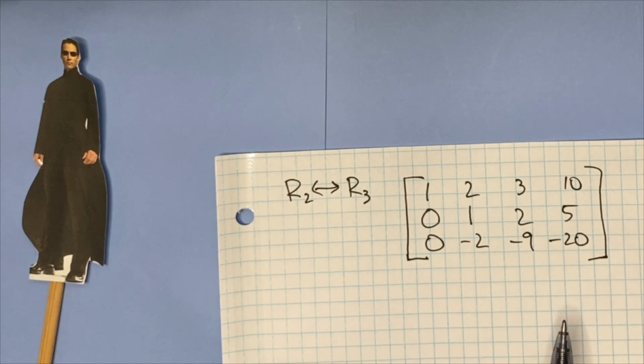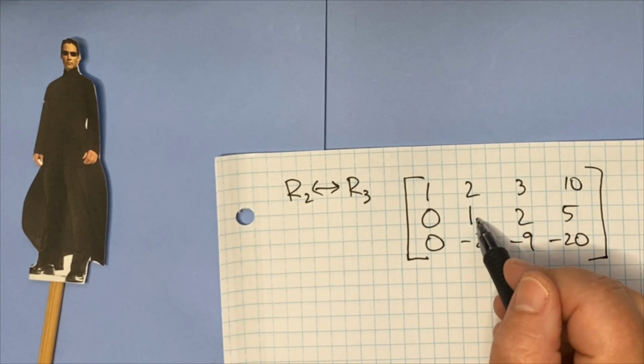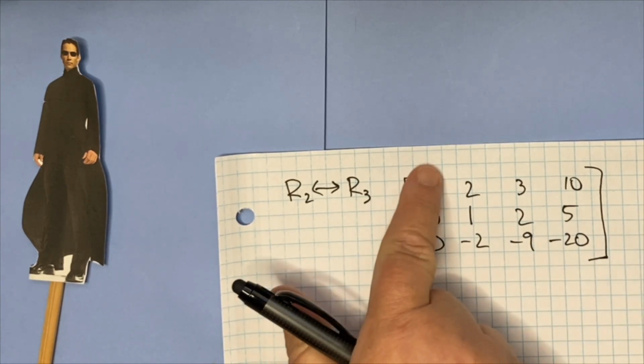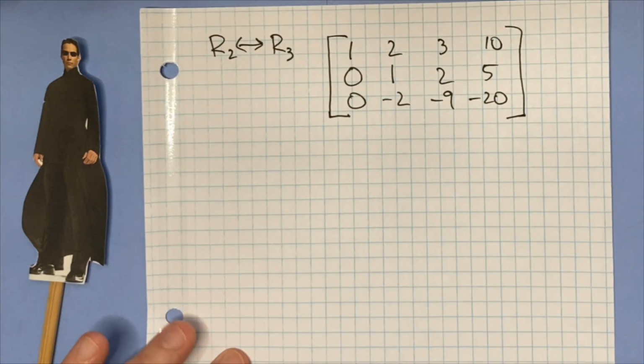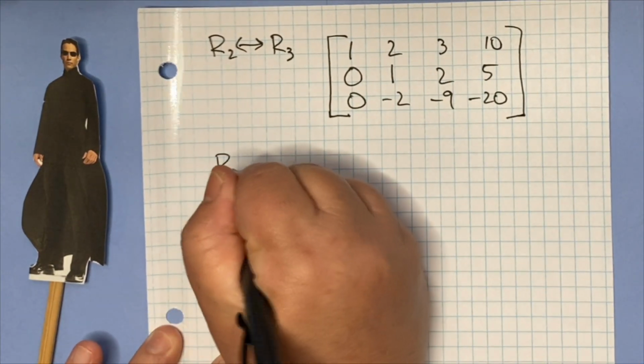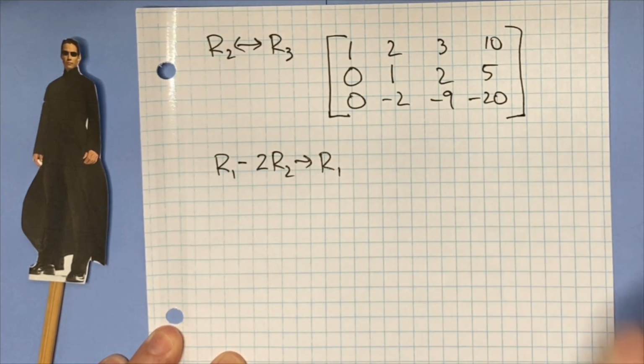Okay. So far, so good. I've got my 1. I've got my zeros. I've got my 1. I need to make that a 0. So now I'm going to take row 1 minus 2 row 2 and put that back in row 1.